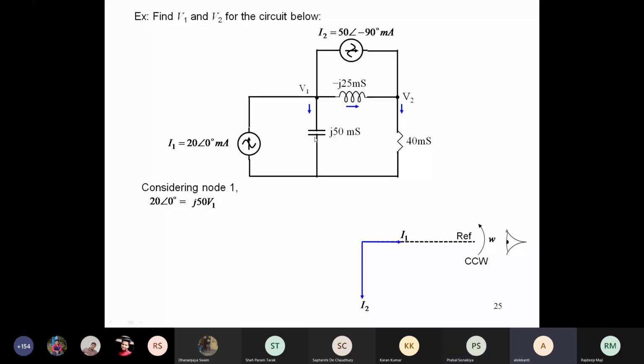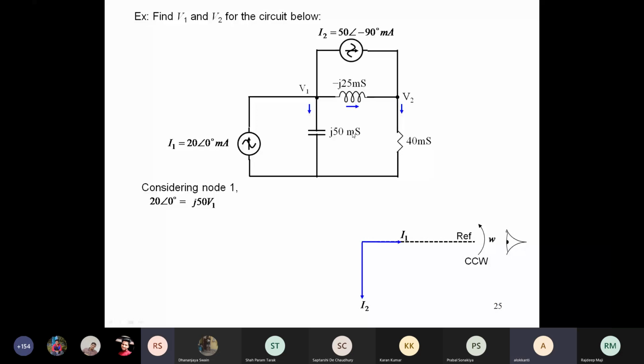You have to be very careful. The current is given in milliampere on the left hand side, so the right side unit is millisiemens. So that way it is okay. Into V1, whatever V1 you will get in volts. Because this unit is already taking care of milli, you don't need to explicitly multiply 10 to the power minus 3.